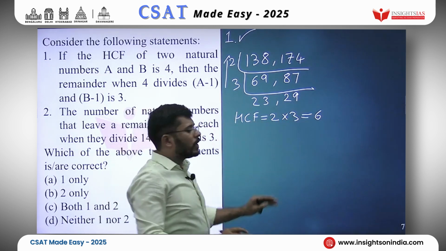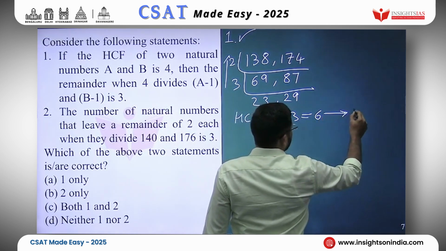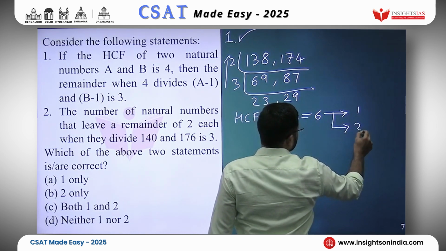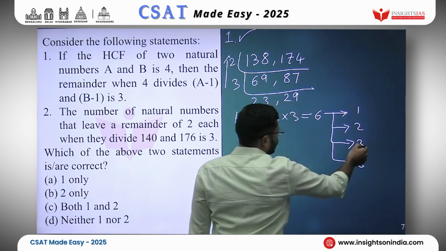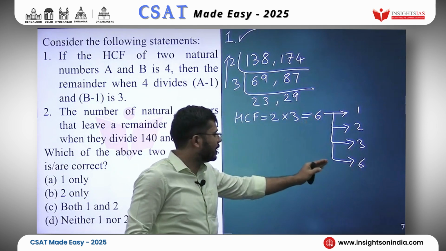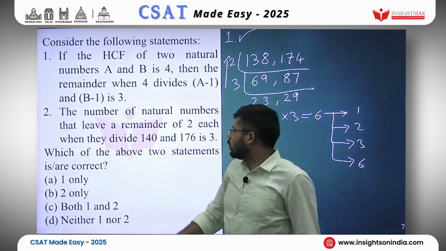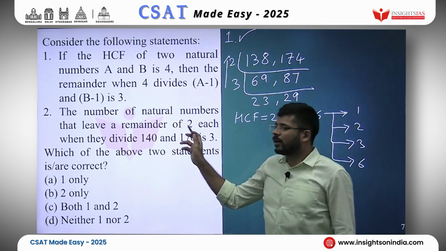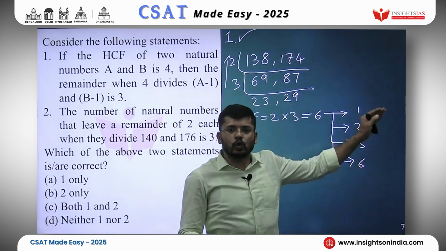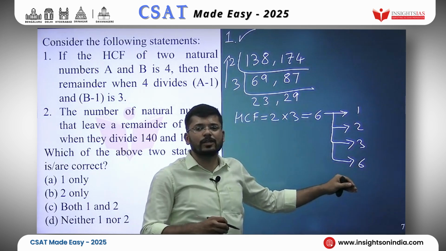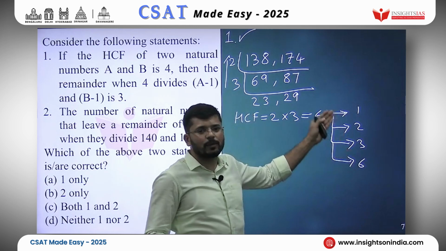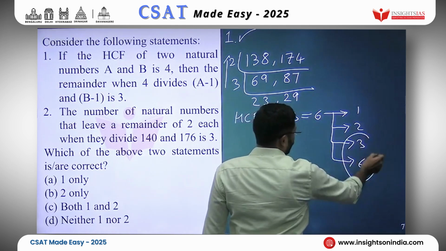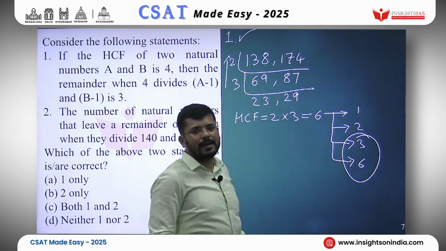Now 6 is not our answer. We need to see how many factors 6 has. 6 has 1, 2, 3 and 6. Yes, 1 is also a factor and 6 is also a factor. But what is the remainder being talked about? The remainder of 2. We will count those numbers which are not less than or equal to 2, that is, which are more than 2. How many of these are more than 2? Only 2 of them, that is 3 and 6.